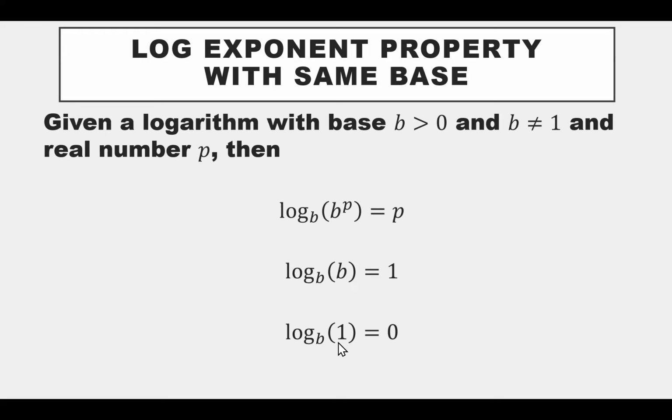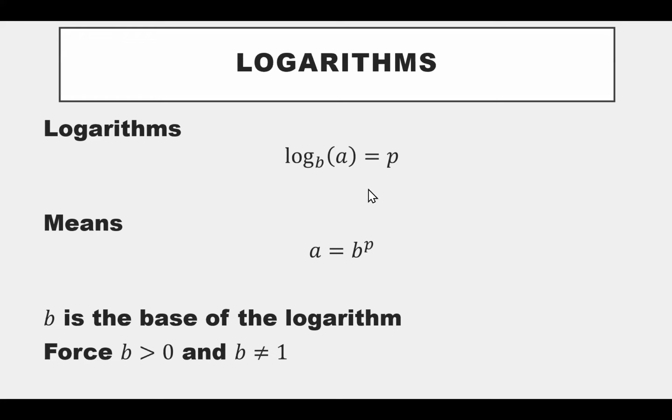And log base b of 1 is 0 because 1 is b to the 0th power. As long as my base is positive, not equal to 1, b to the 0th power is 1. So we get these properties of logarithms from its connection to exponents.